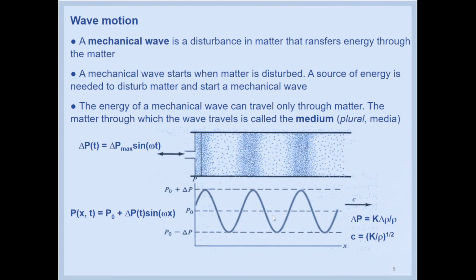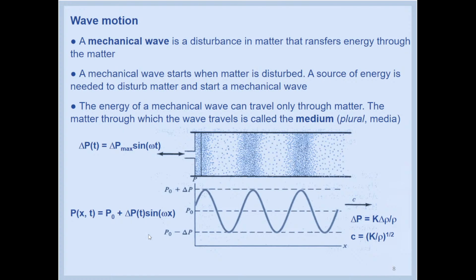We can represent this distribution of the pressure by this graph as the periodic change of the pressure with the distance along the axis of the cylinder and time.